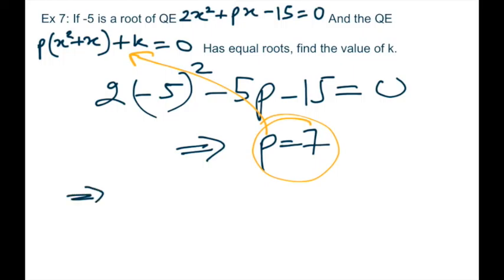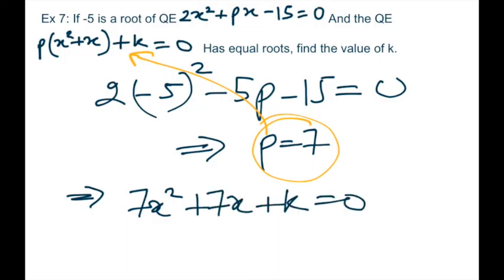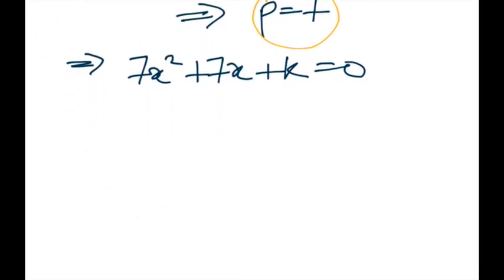We'll get 7x square plus 7x plus k equals to 0. Now this says that the equation has equal roots, which means, what does it mean? D is equal to 0.